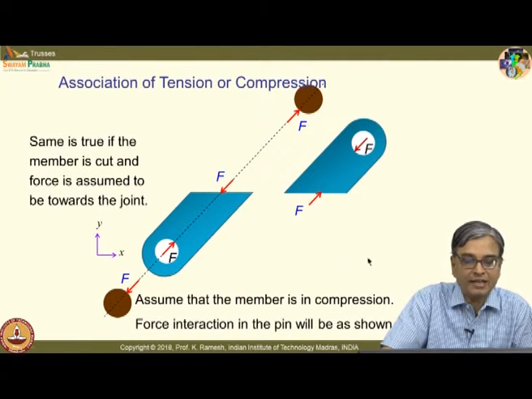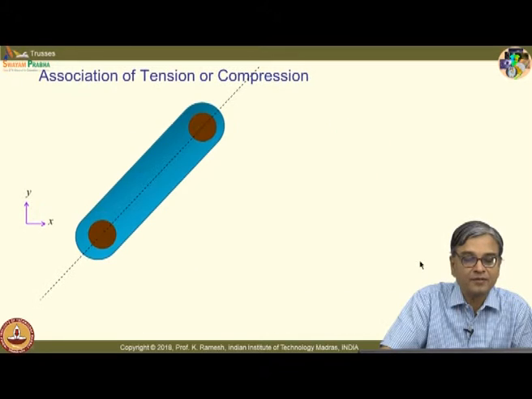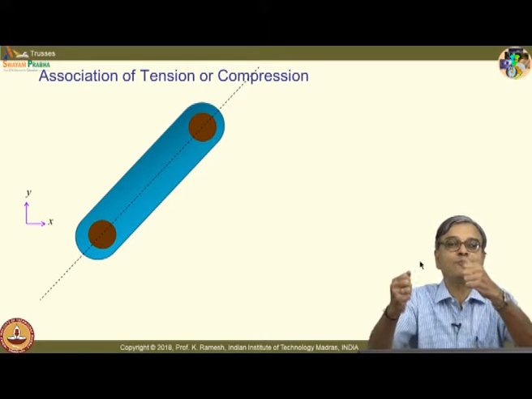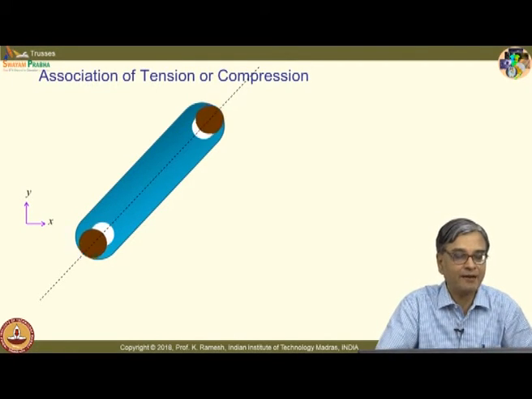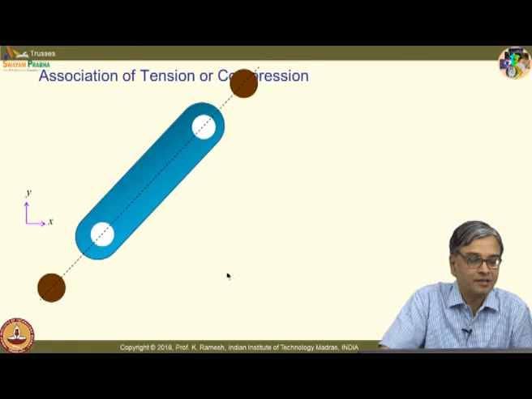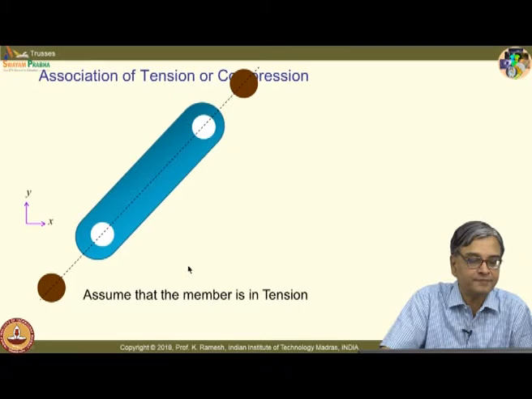Let us look at the other case. Suppose the member is under tension, because the other members have to pull this member. So, when it pulls, where would be the force interaction? The force interaction has to happen here at the bottom of the hole. When I say the member is under tension, so I would have the force interaction, and ideally where would the force interaction be on the pin?